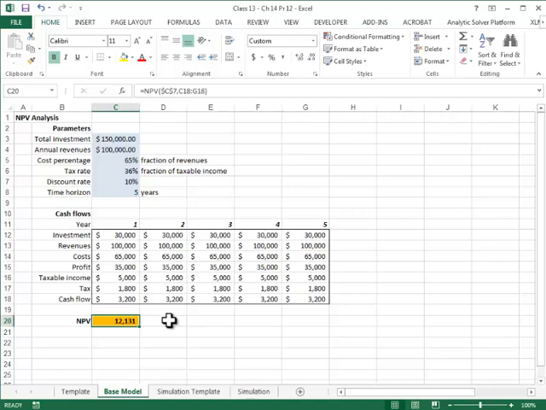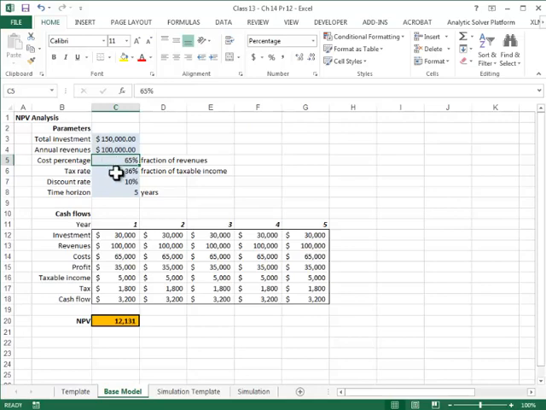What we would like to do is add uncertainty to this model. It's been shown that annual revenues will have a triangular distribution. The operating costs could be anywhere between 55 to 75%, which means we need to use a uniform distribution.